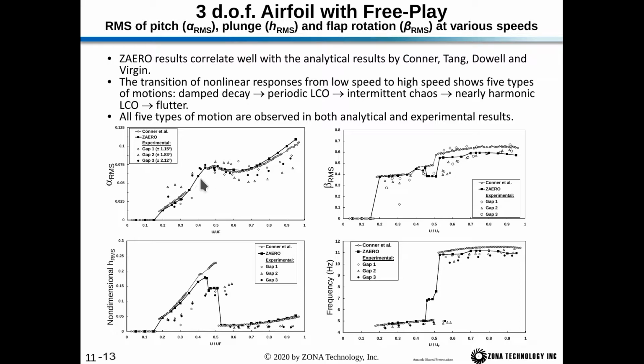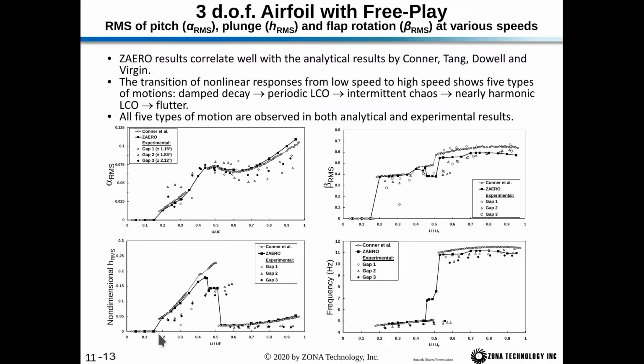So all 5 types of motion are observed in both the analytical and experimental results. The ZAERO results are given by the black squares connected by a line, and our experimental results are given by the symbols: an open diamond, a triangle, and a circle. The black circle, where the gap is plus or minus 2.12 degrees, is what we've simulated in ZAERO.